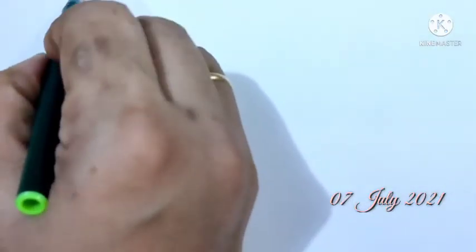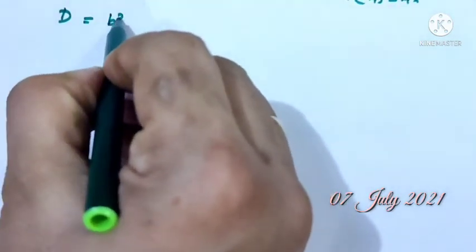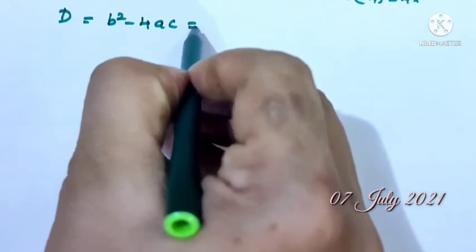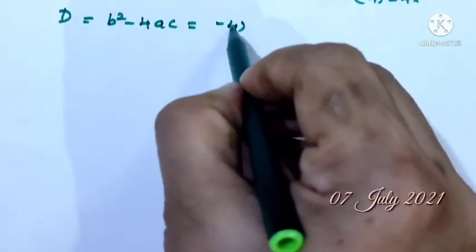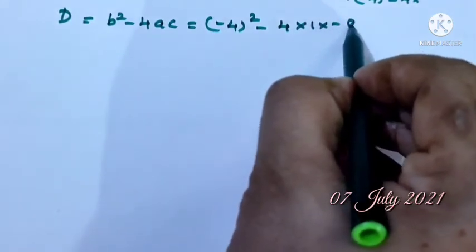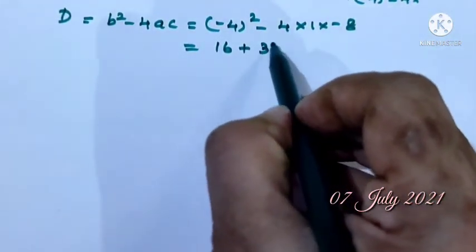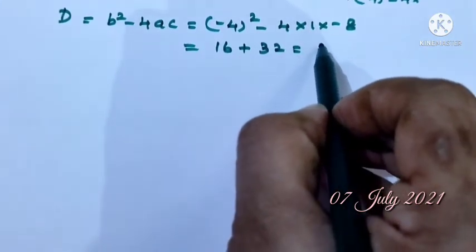Formula we have written here. Now we have to calculate the discriminant D equal to b square minus 4ac. What is b square? Minus 4 whole square, minus 4 into 1 into minus 8, that is 16 plus 32. So it is equal to 48.